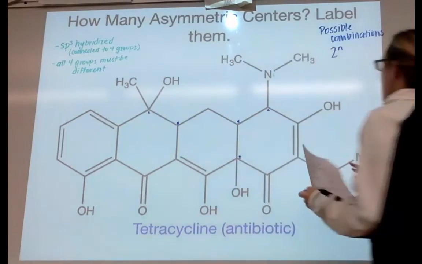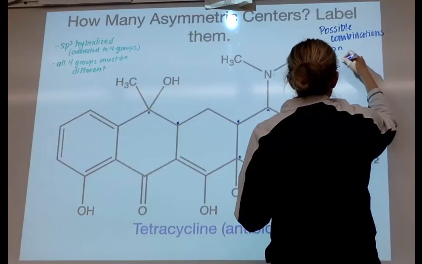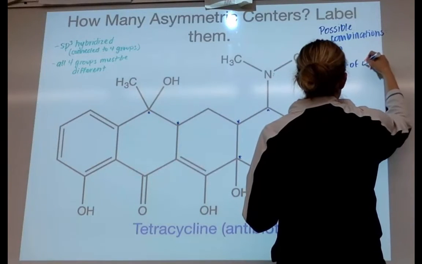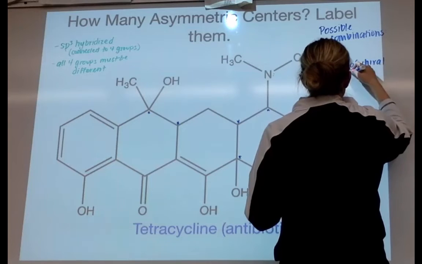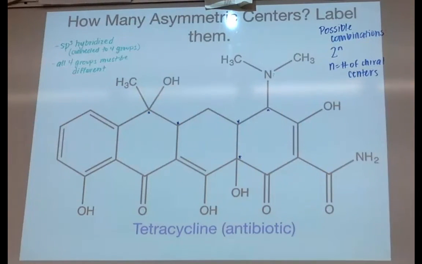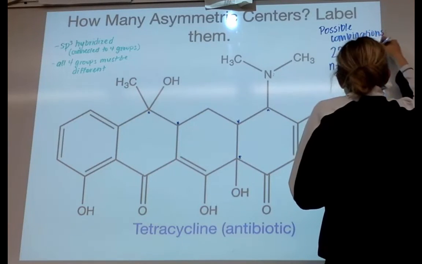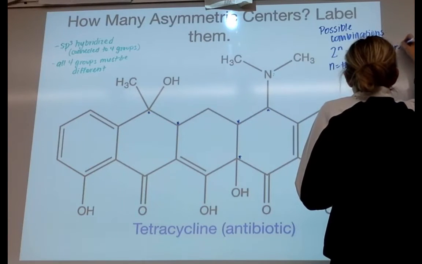It's 2 to the n, where n is the number of chiral centers. So for this, it's 2 to the 5th, which is 4, 16 times 2, 32. 32 possible stereoisomers.